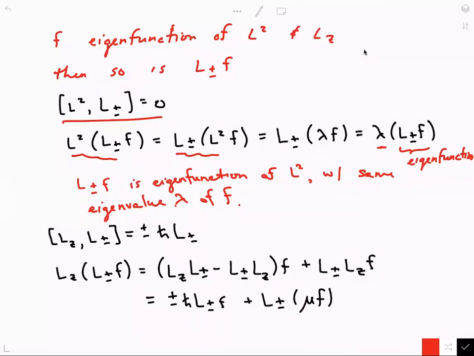That lets us know that we're going to get a new eigenvalue when we apply a ladder operator to our eigenfunction. Okay, let's write that out.